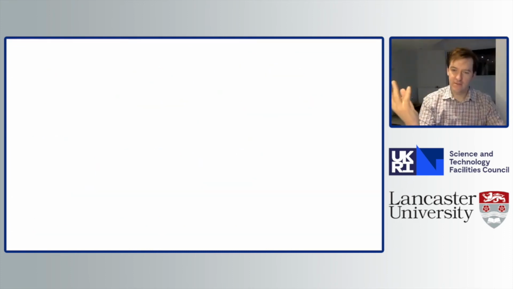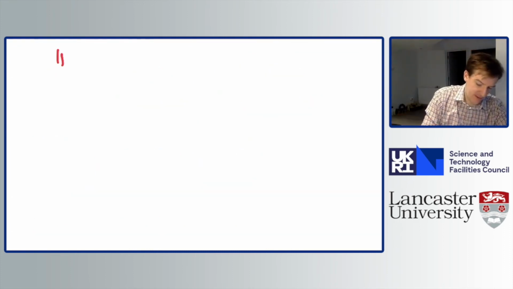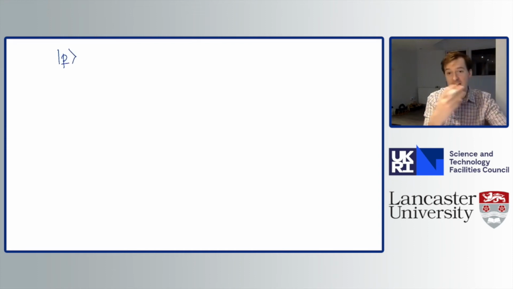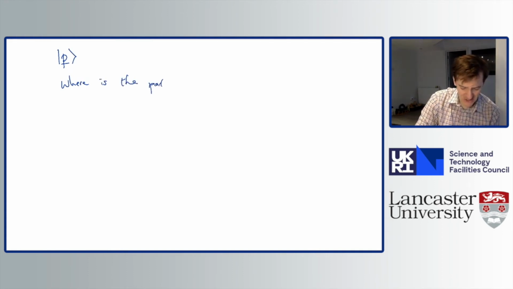Okay, so with this new notation, we're now saying that this state |p⟩ is a single particle state, so it describes a particle with a definite energy and a definite momentum, and the momentum is p. But I think you would still be justified in asking me, well, where's the particle in this state?